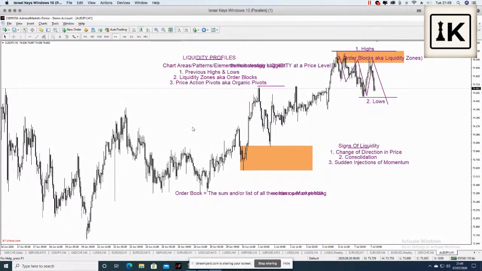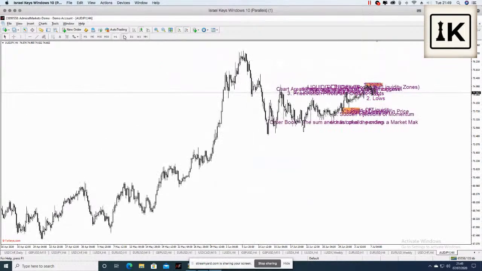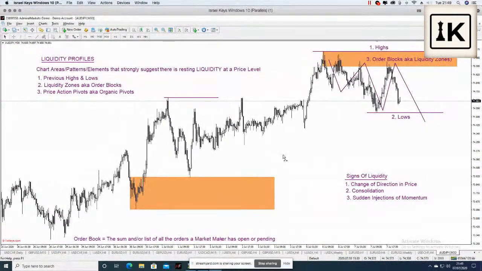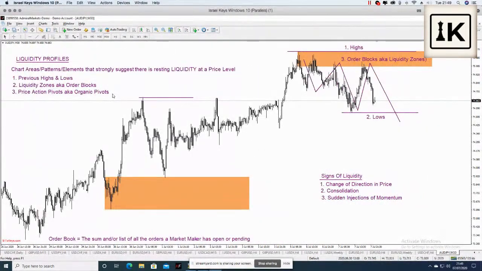The answer is simple. Look for an area of the chart where price has historically congregated. Areas where price seems to return to many times both ways or spend significant amounts of time at.